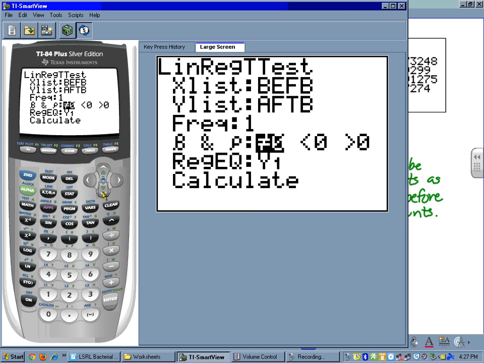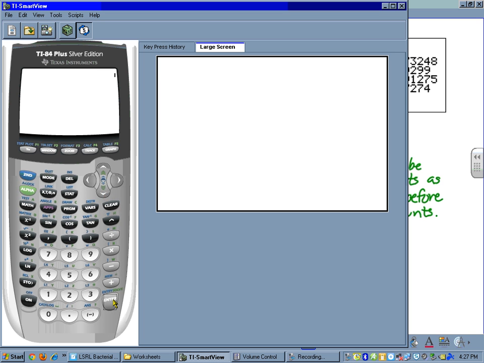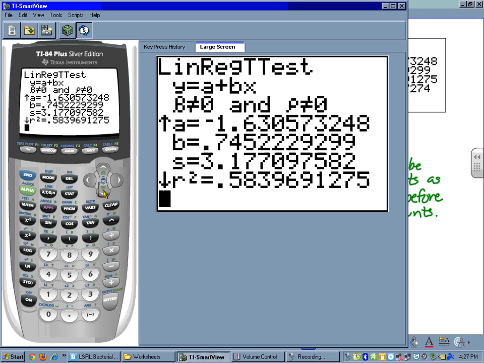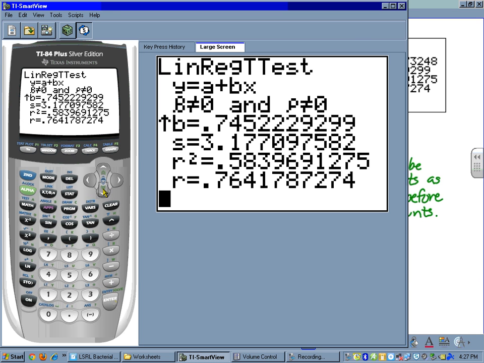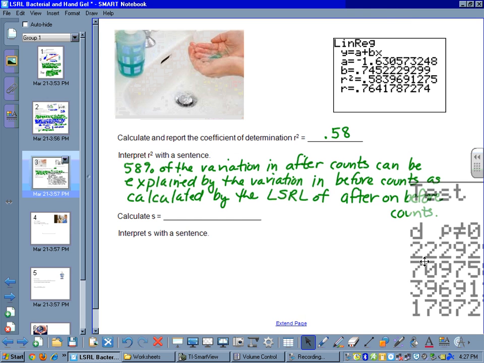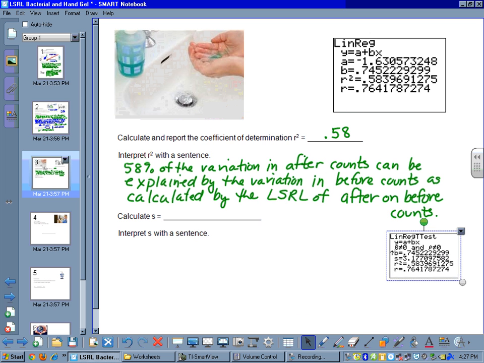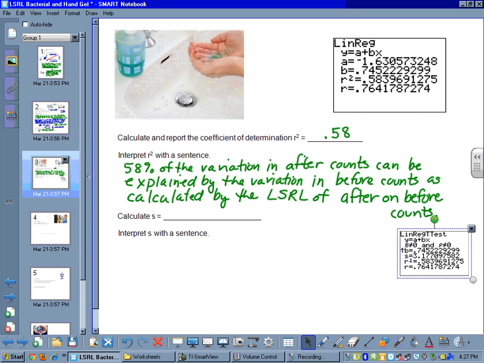We do want a frequency of 1, and I can put my equation in Y1 still. Calculate this up for me. This verifies that A and B that I got. The other nice thing it does is it has my standard deviation value right there for me as well. And this standard deviation value is 3.177. So we're going to make it 3.18.